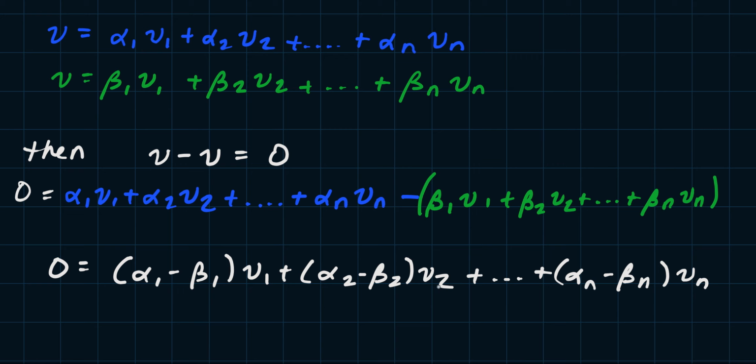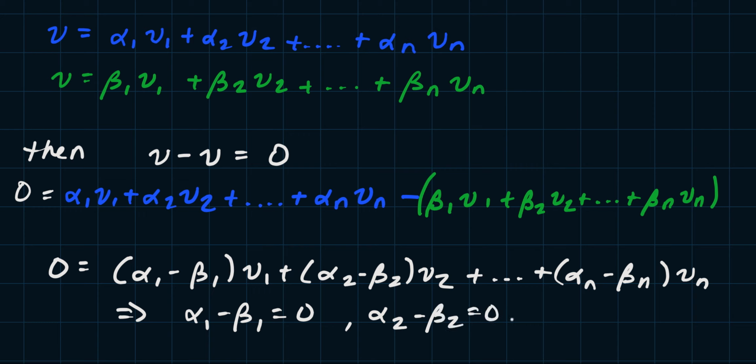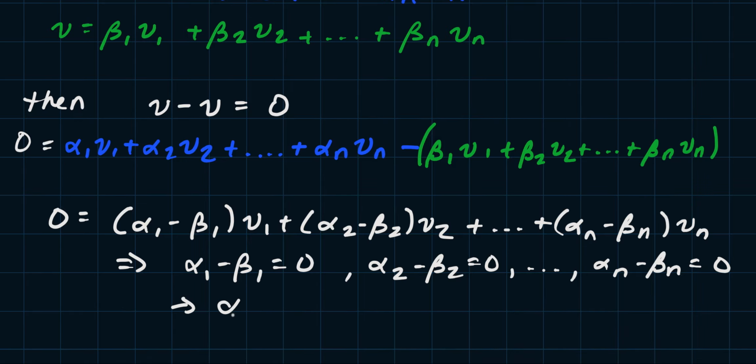And since v1, v2, all the way to vn is a set of linearly independent vectors because they form a basis, this implies that alpha 1 minus beta 1 is equal to 0, alpha 2 minus beta 2 is equal to 0, all the way to alpha n minus beta n is equal to 0. Because since they're linearly independent, any scalars in front of these vi's have to be equal to 0 if we get the 0 vector. So then we can see that alpha 1 is equal to beta 1, alpha 2 is equal to beta 2, and so on.